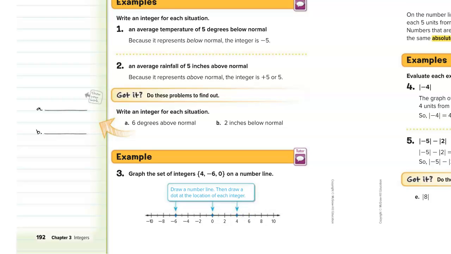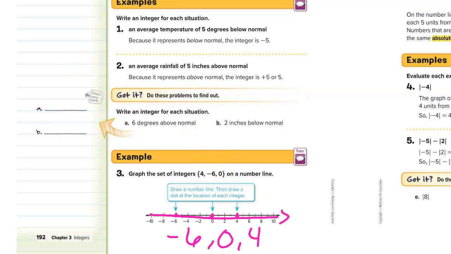Okay? So then you have to graph them. Remember, when you graph on a number line, the dot goes on the number line, not above, not below, but on it. So I would graph 4, put a dot, -6, put a dot, and 0. Okay, I know it doesn't ask you to order them from least to greatest, but it would be -6, then 0, then 4, because I would start left and go right for order from least to greatest.